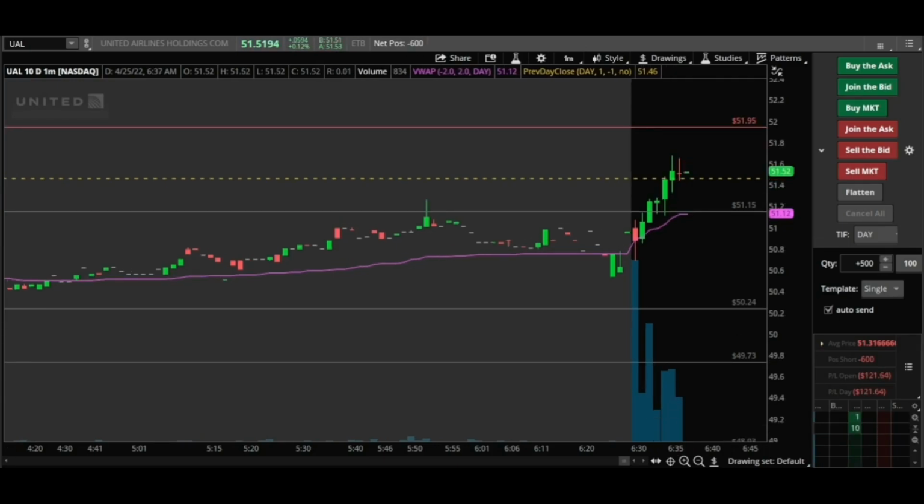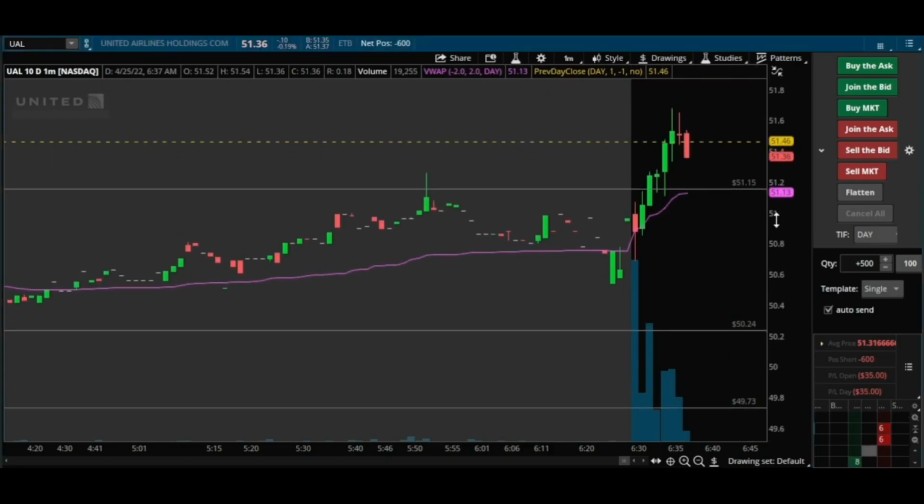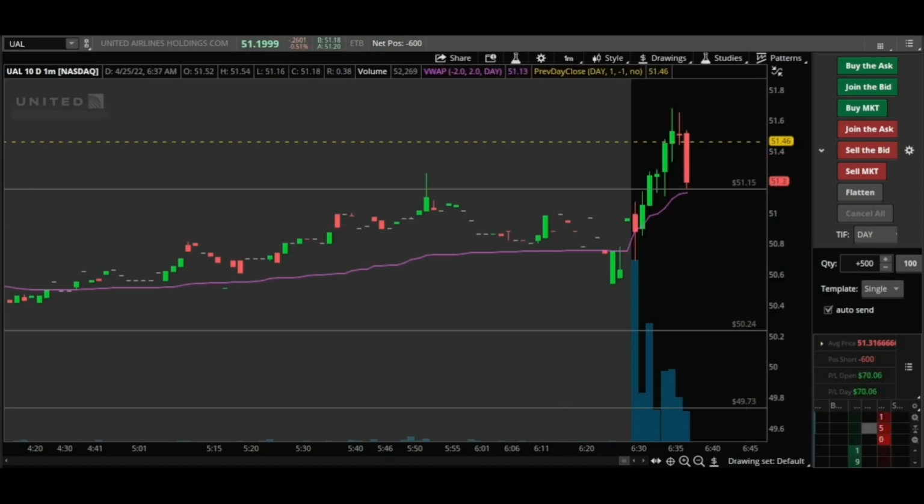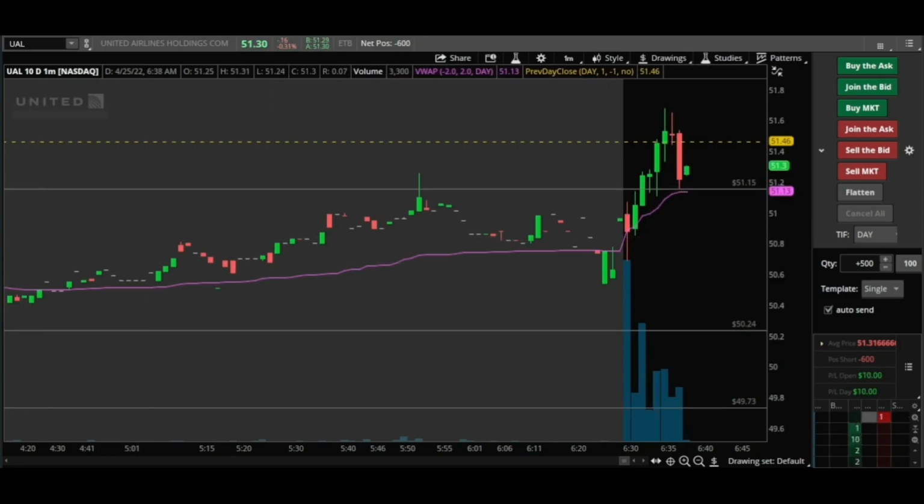Now, it put in a nice little red doji candle there, which is good for me, signaling a reversal. We see a little bit of a dip here. Normally, you would see me take pieces off, take profits anytime a trade is going in my direction. But you notice here, it dips down to VWAP, and I'm finally green on the trade, but I'm not taking anything off.